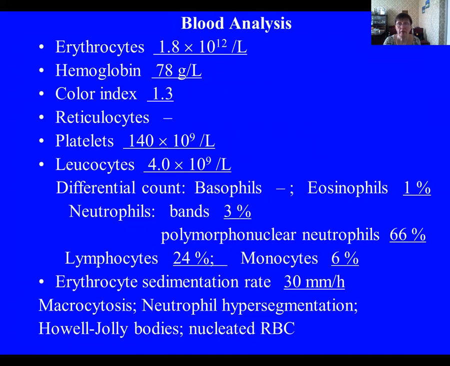And then we can examine the blood analysis of such a patient. First of all, we see a very low level of erythrocytes and a low level of hemoglobin. But the amount of hemoglobin inside the erythrocyte is rather high. That's why the color index in this anemia is high.